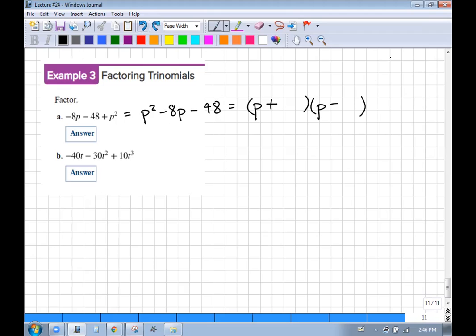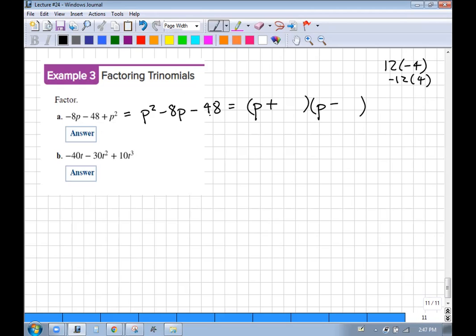So if we start thinking of all the numbers that multiply to give us 48, and we make one of them negative, what about 12 and -4? That gives me -48, but they add to give me 8. I need them to add to give me -8. So what if I did -12 and a +4?